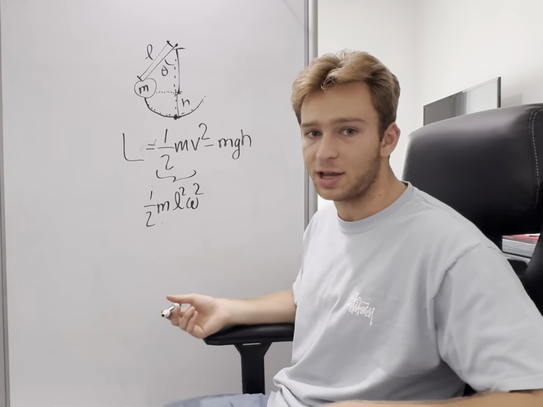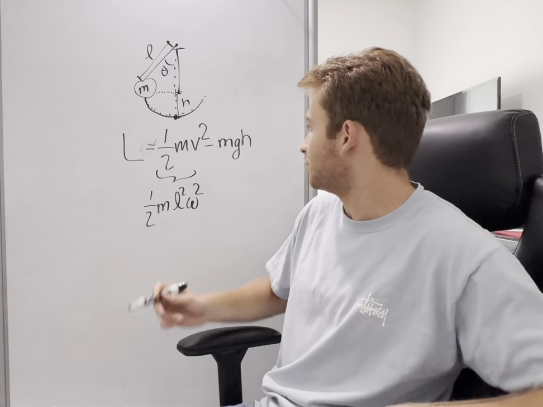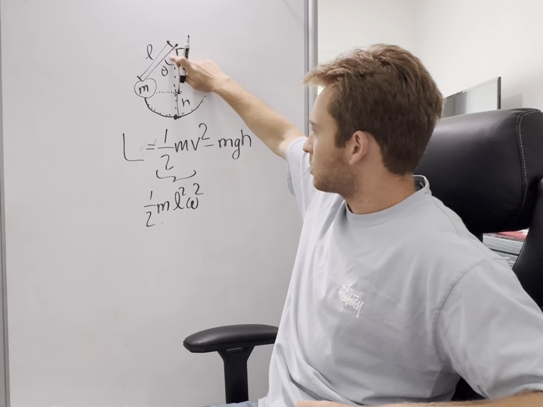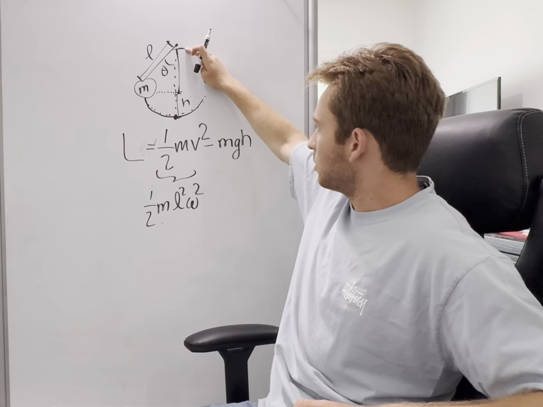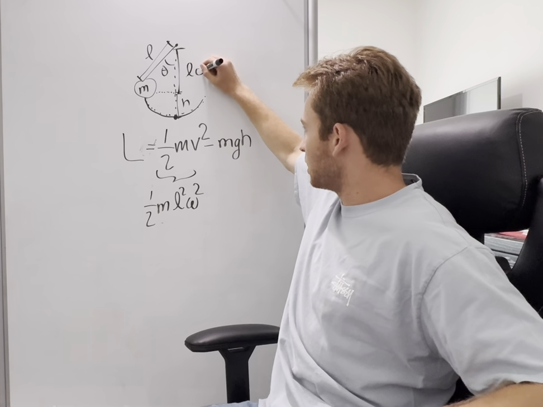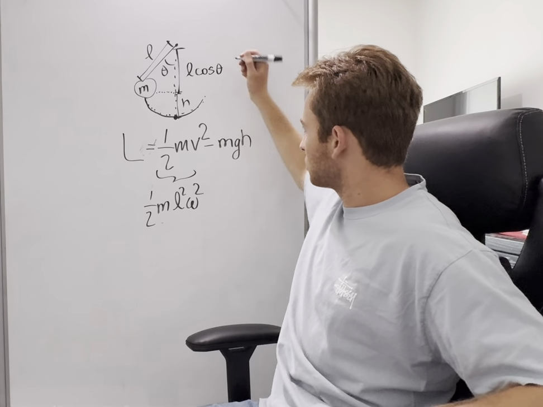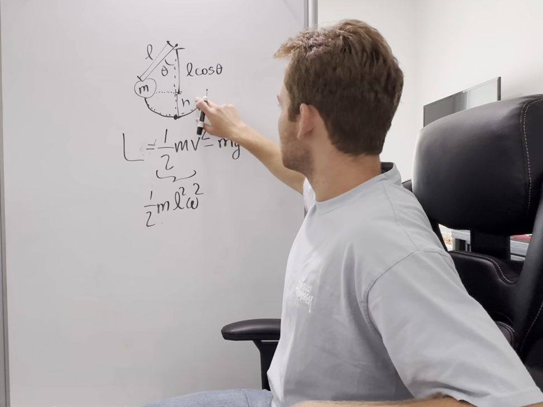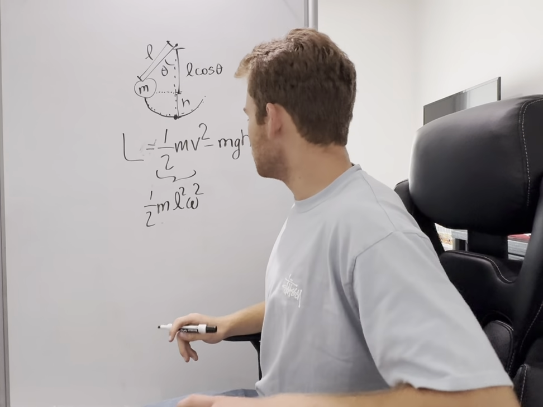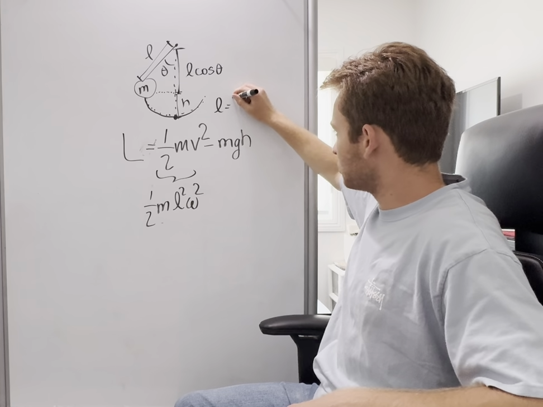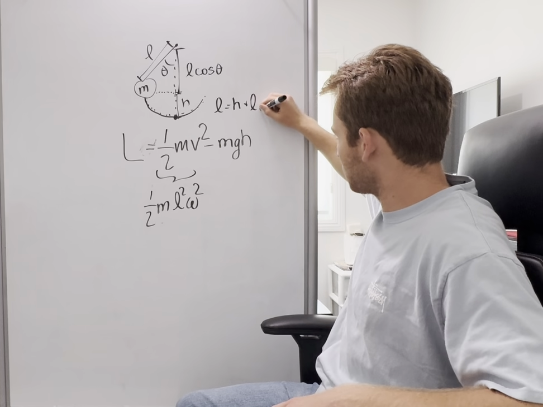You can just use basic trigonometry, SOH CAH TOA, to figure that out. This is the hypotenuse L. With respect to the angle theta, this right here is the adjacent, and so you would say this is equal to L cosine of theta. Now I said that these two add up to L, and so you can make the substitution that L is equal to h plus L cosine theta.